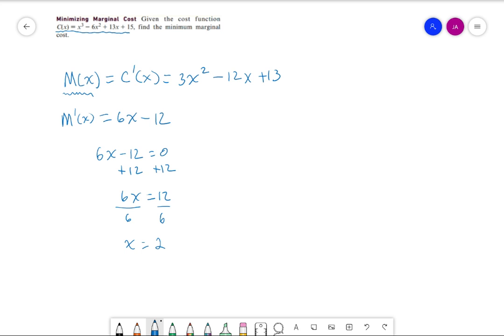So then if we want to find specifically the minimum marginal cost, that means we need to take this value and plug it back into our marginal cost function.